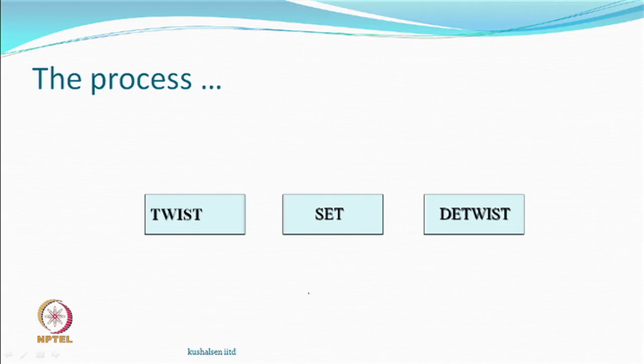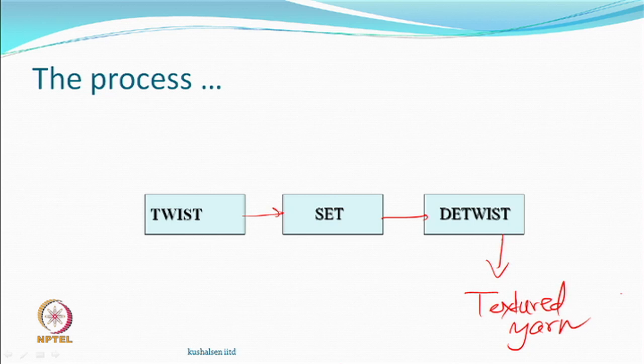So, yes, nothing is changed, the process remains the same. You have to do twisting, setting, detwisting, and we say now just do not worry, you have a textured yarn. Question is how? It is so simple. Let us see.